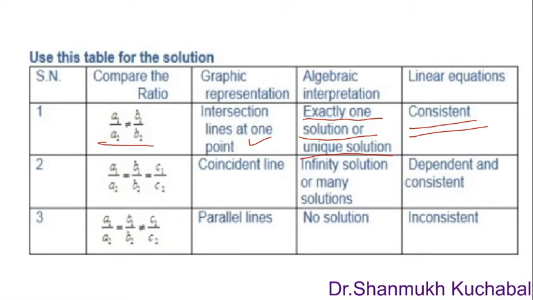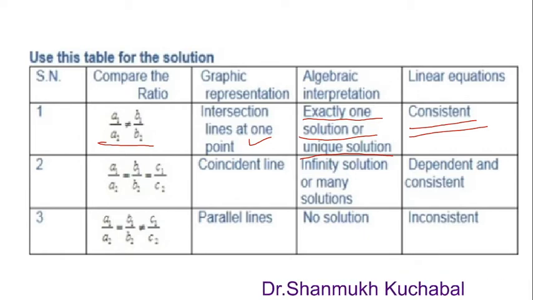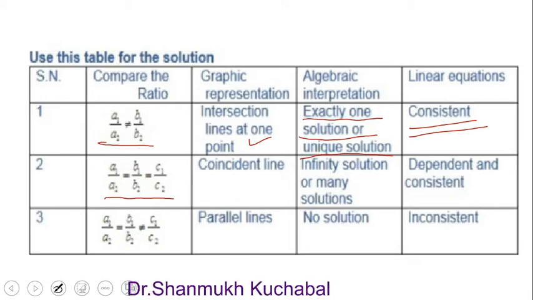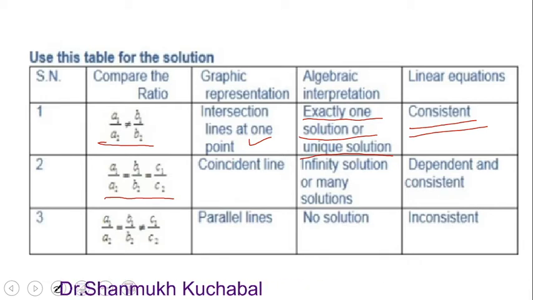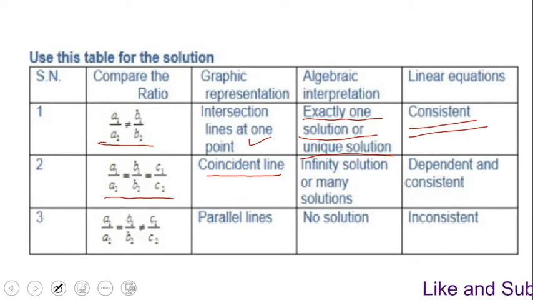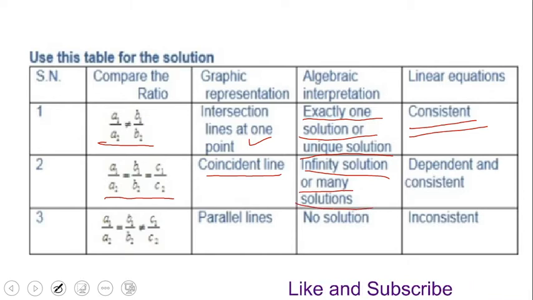On the other hand, the second case: a1 by a2 is equal to b1 by b2 is equal to c1 by c2. All the ratios are equal. Then we call them coincident lines, and they have infinitely many solutions.